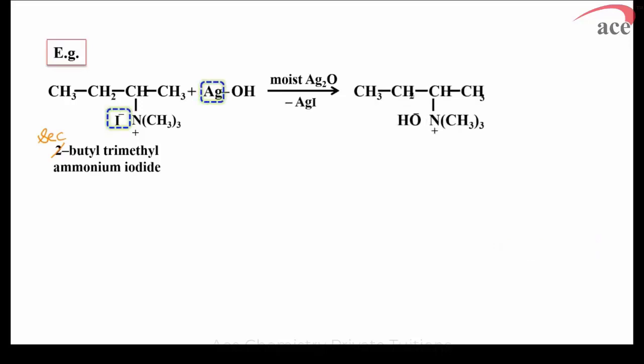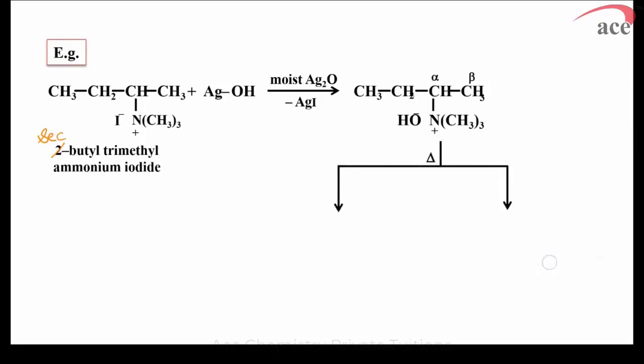Now it should be noted that in Hofmann's elimination, the less sterically hindered or the most acidic beta hydrogen is removed. Let us continue with that example. Now N(CH3)3 is a better leaving group, alpha, and you have a beta carbon atom. Now here in sec-butyl you have two beta carbon atoms, so we can have both the possibilities, resulting in the formation of an alkene.